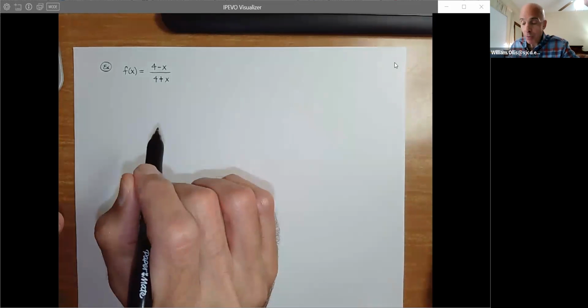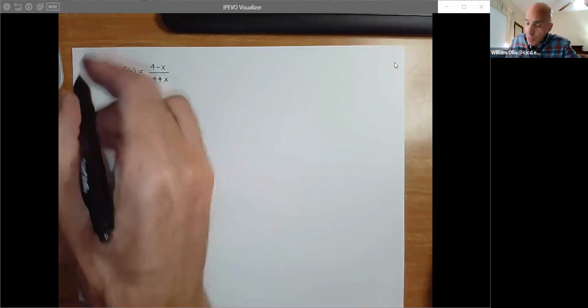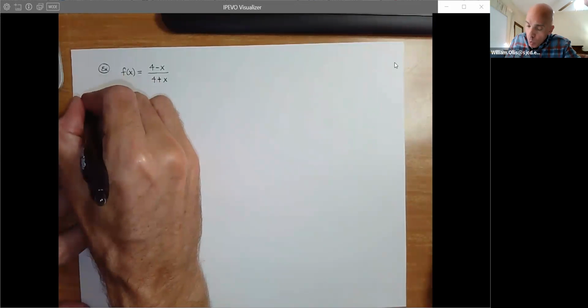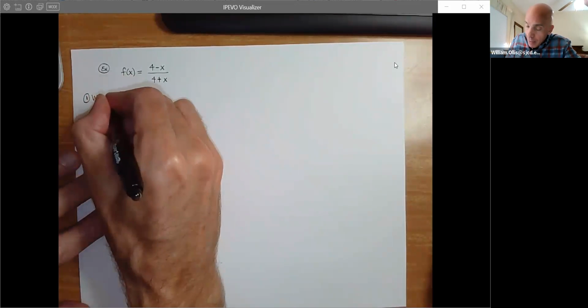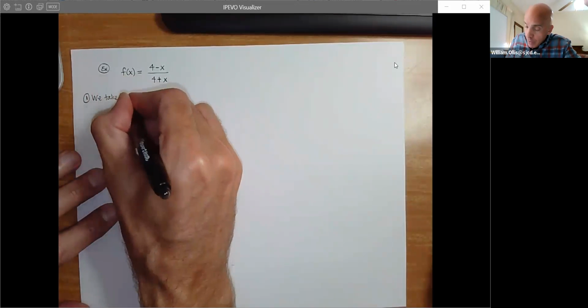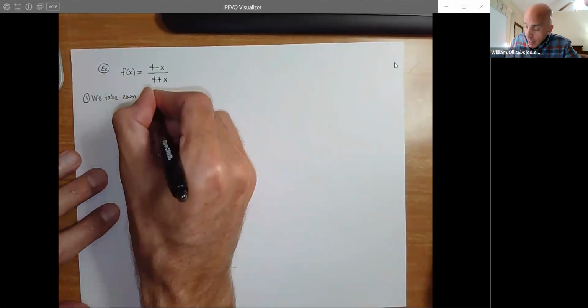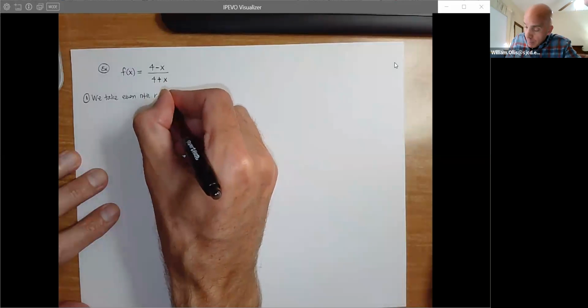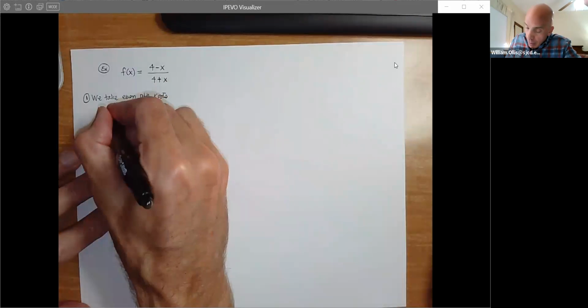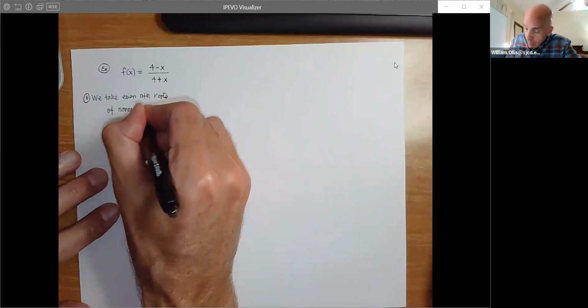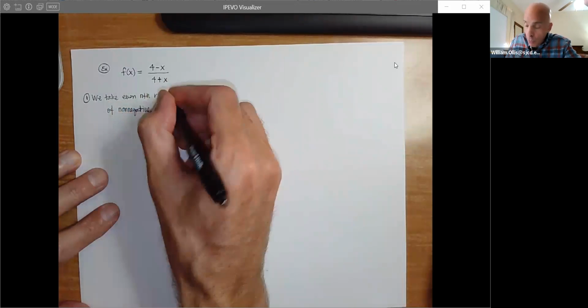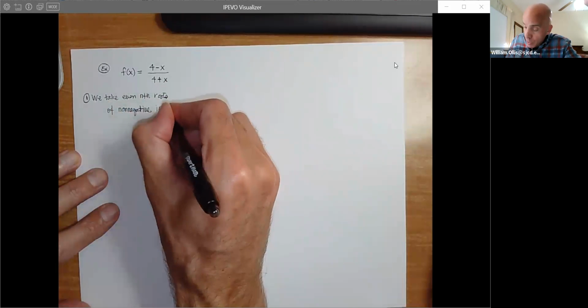So that's an important thing. So for instance, number one, we take even nth roots of non-negative, that includes 0, non-negative inputs.